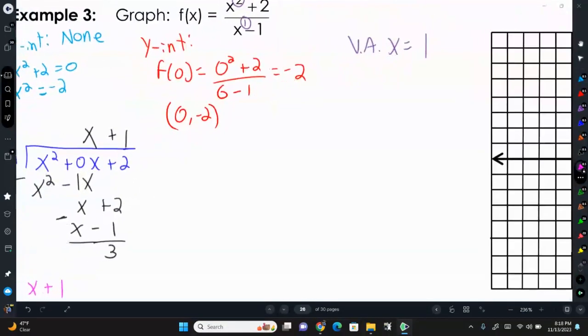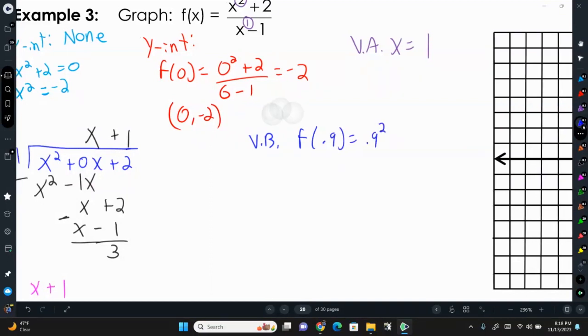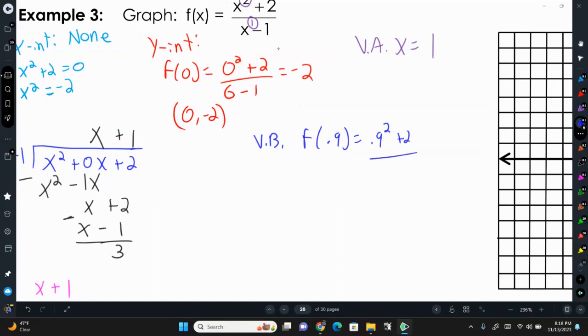So vertical behavior, we're going to do f of 0.9, which is 0.9 squared, plus 2 over 0.9 minus 1.